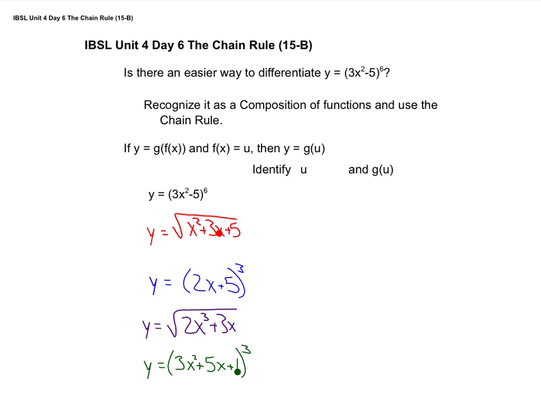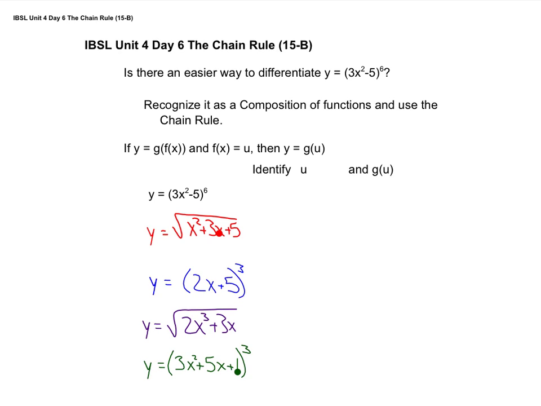What would I simplify first, and then what would be the last thing I would do? That last thing is often your outer function.